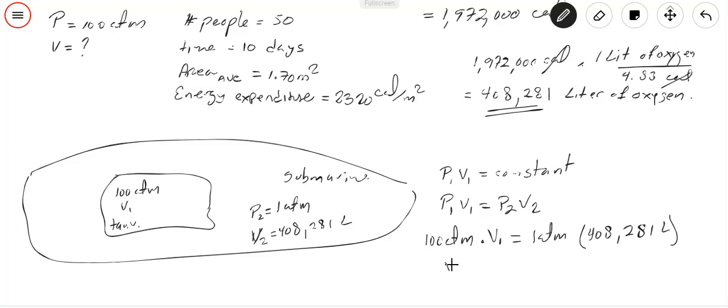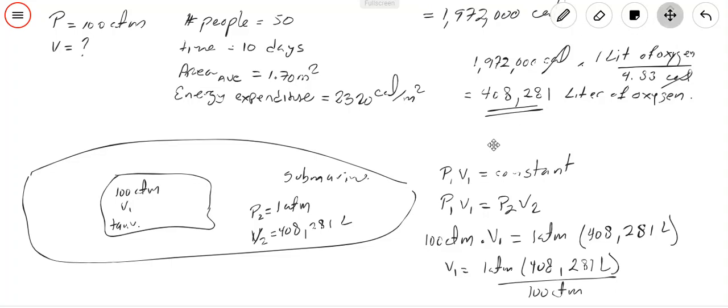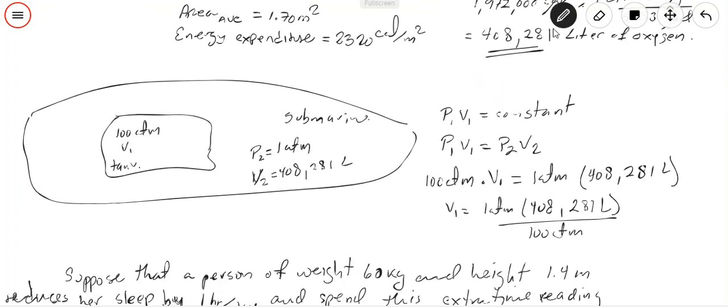If we solve for V1, this will be 1 atmosphere times 408,281 liters divided by 100 atmospheres. So when we make the conversion, this volume 1 is equal to 4,082 liters approximately.